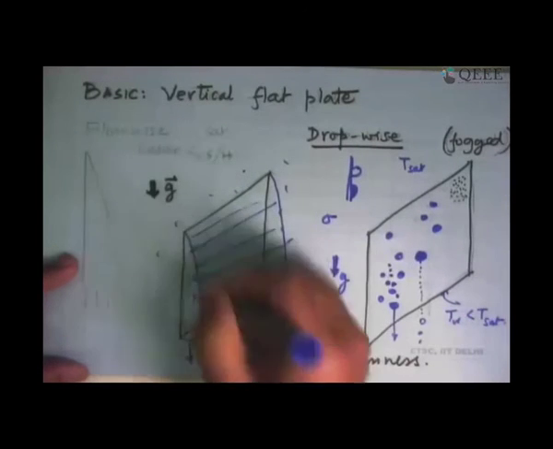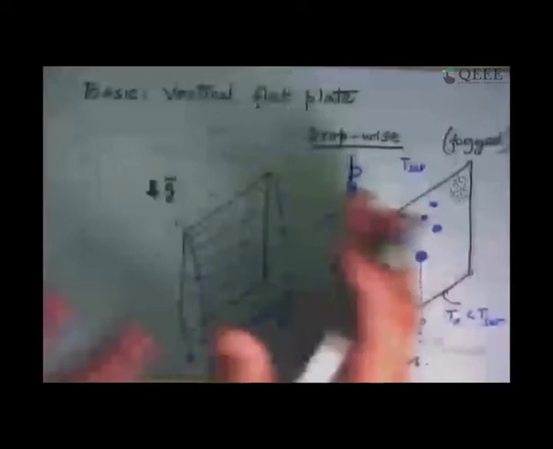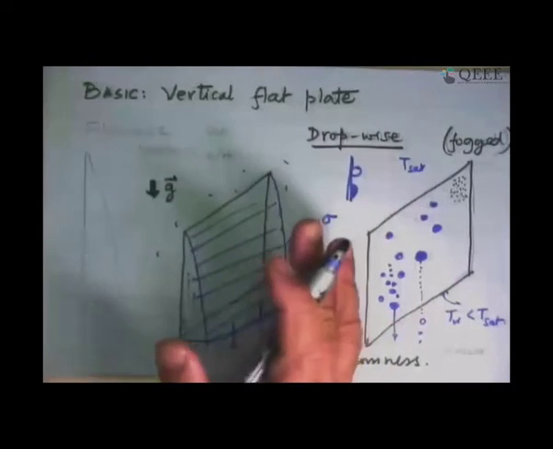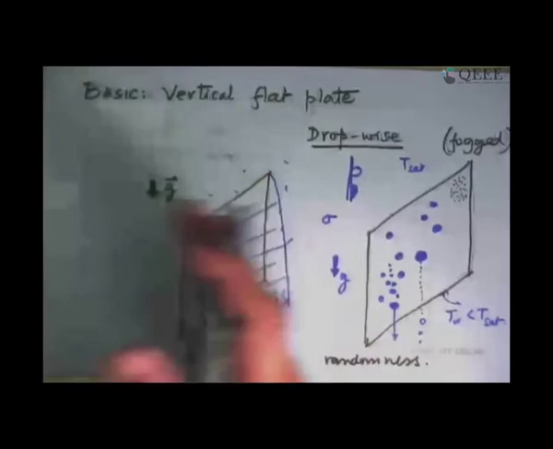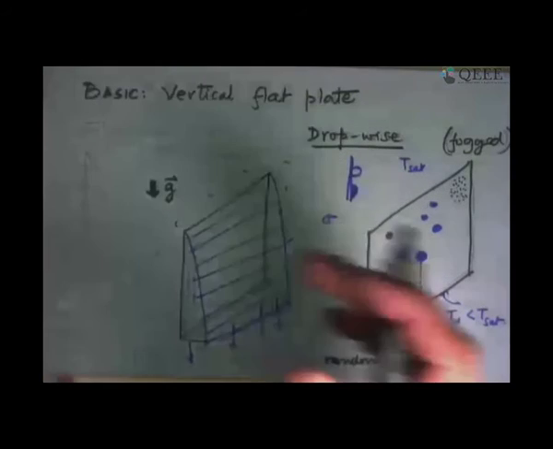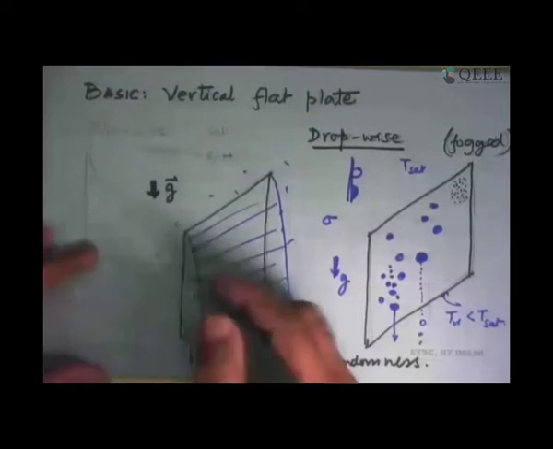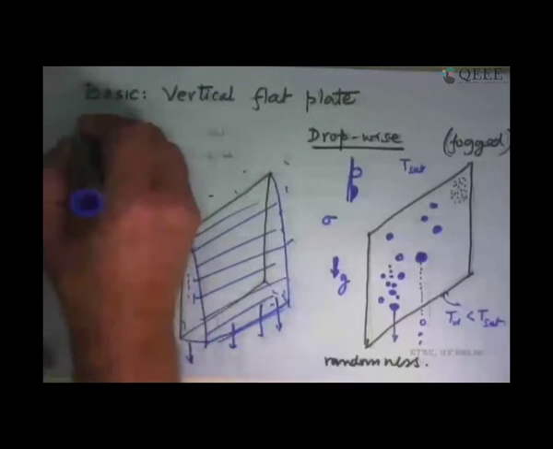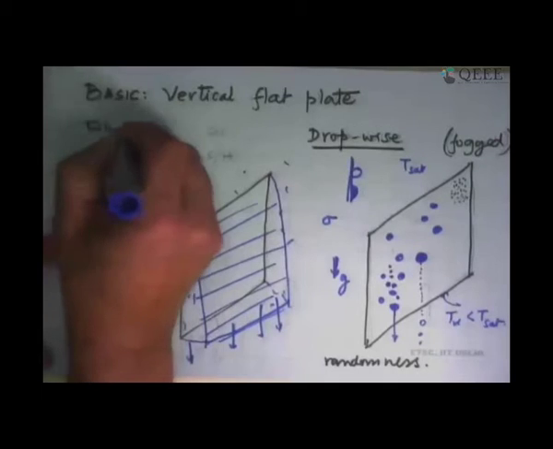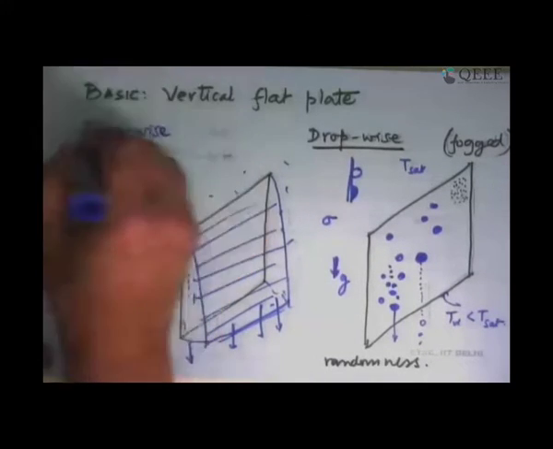So what we are saying is that there is very nice homogeneous condensation taking place. What type of surface will do it, we'll come to that in a minute. But what it does is produce a nicely well-behaved film, and this gets the name film-wise condensation.